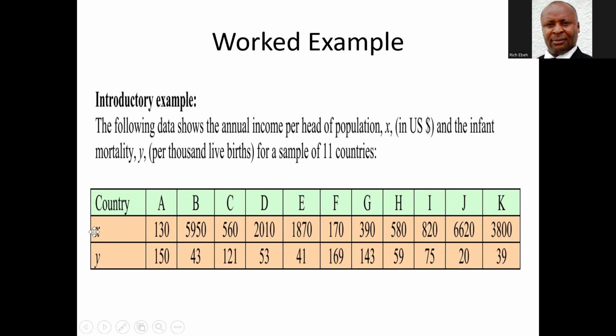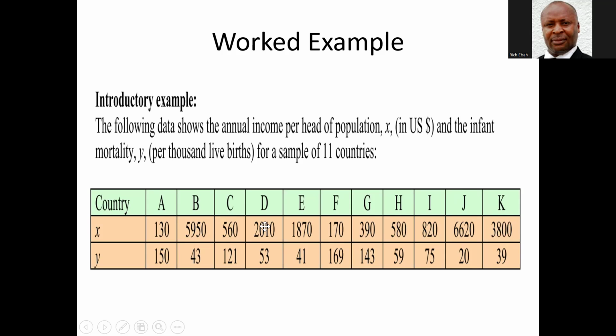And you can see in this table here, we have the annual income per head of the population. Country A has 130, country B 5,950, country C 560, country D 2010, country E 1870, country F 170, country G 390, country H 580, country I 820, country J 6620, and country K 3800.